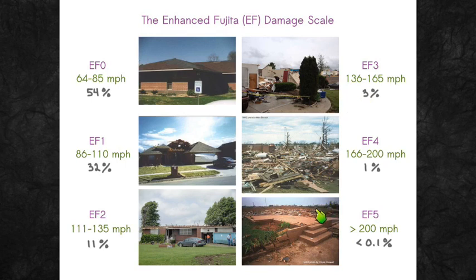I'll note that the EF5s in particular, if you multiply this out, in the U.S. on average there's about 1,000 tornadoes per year, and so 0.1% ends up being about 1 EF5 per year produced in the U.S. Now, it's not as regular as that would suggest.